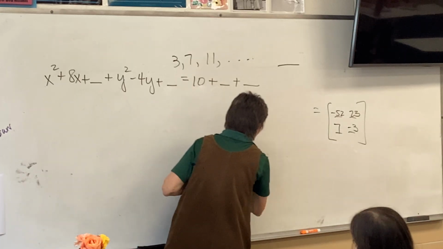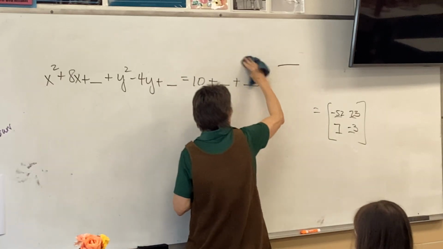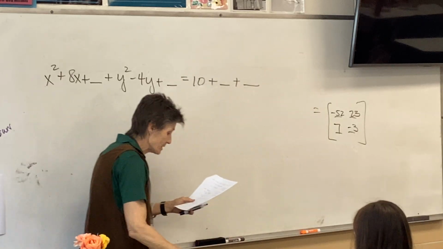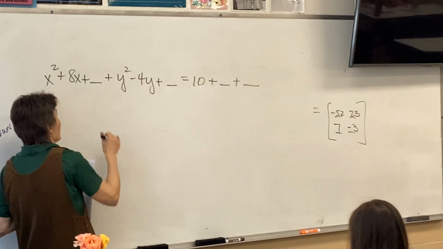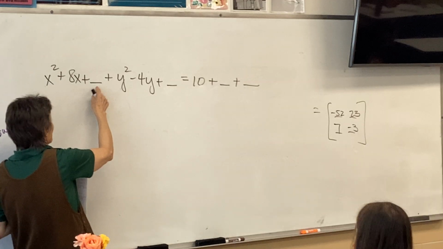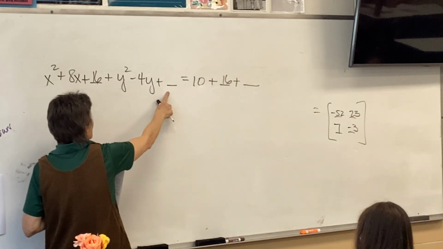Well, my x's are already together, but yeah, I need to get my x's together. And then I need to get my y's together, and then I need to complete the square. So, what's gonna go here? 16. What's gonna go here? 4.